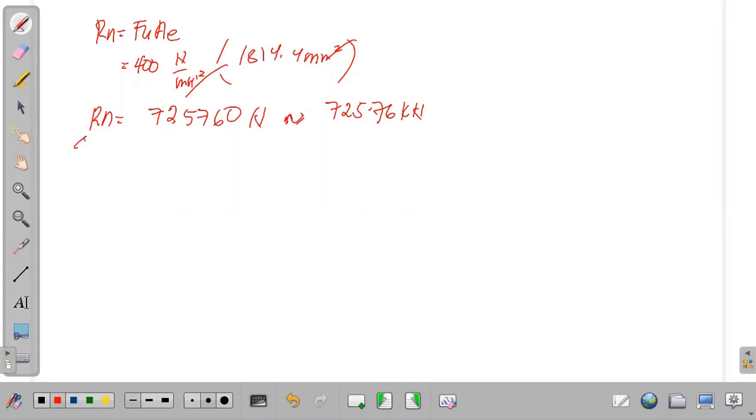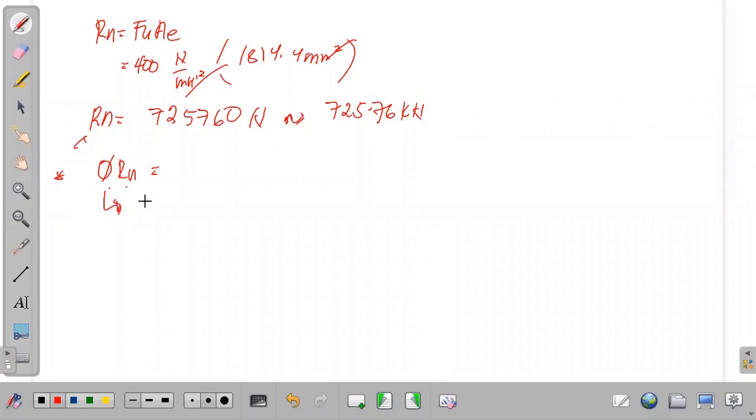Nominal. What we are looking for are the design and the allowable. So what will be our design? That is phi Rn. What is the value of phi against fracture or rupture, net section fracture?